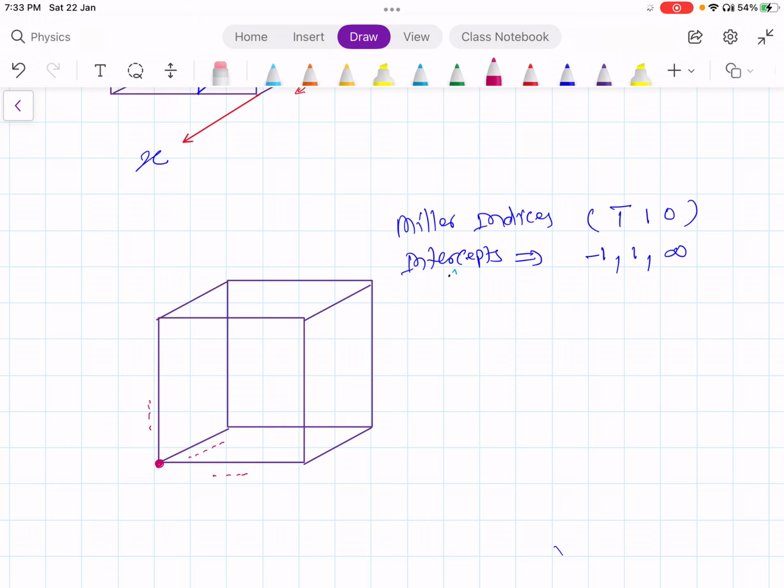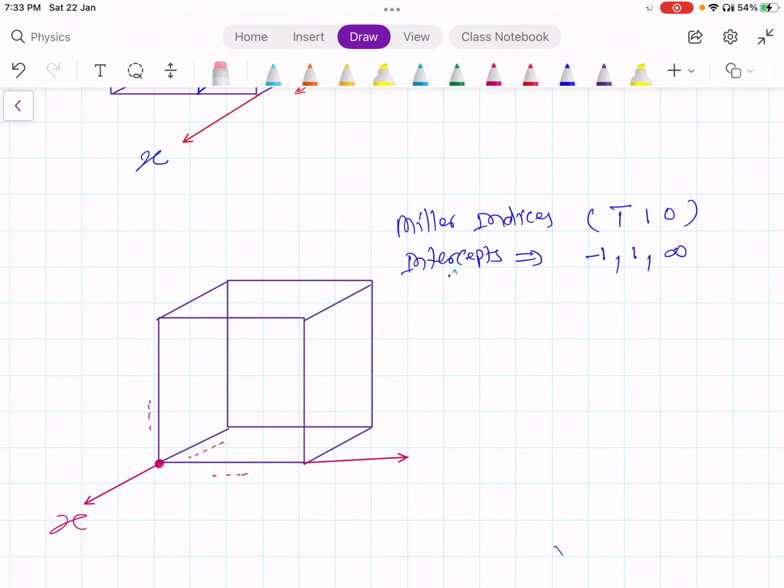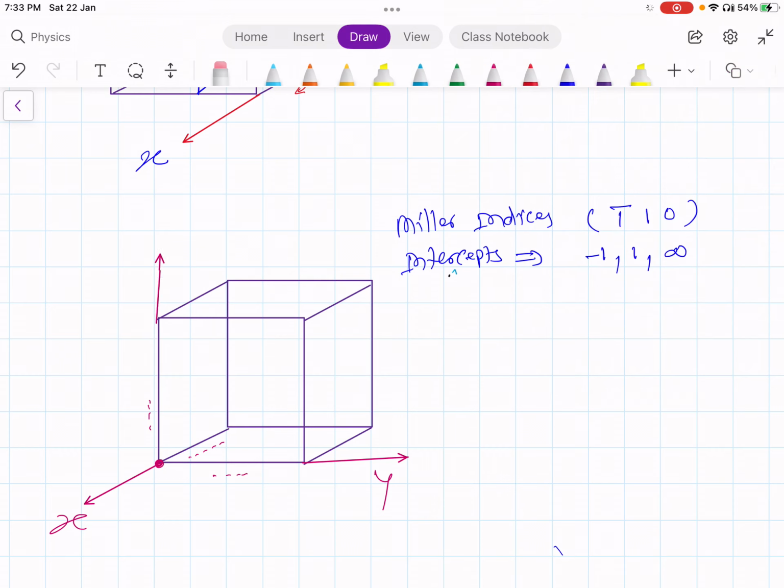So select that as a origin, mark the axis, x, y, and z axis. Now this plane is cutting x axis at minus 1, so this is the point, and y axis at plus 1, so this is the point.